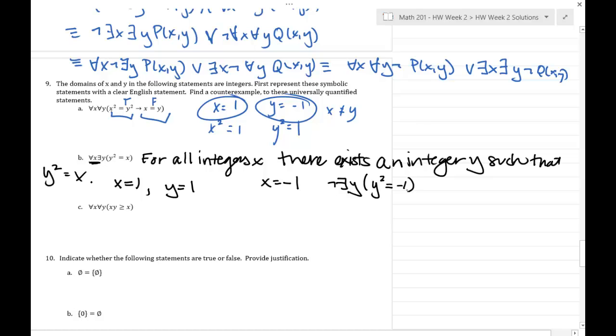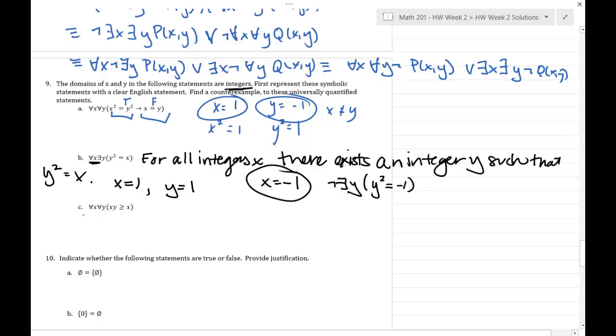Because that's not true, this is a counterexample. -1 is an integer, but no integer squared is going to give us a negative value. If we have complex numbers, then a complex number squared gives us -1, but since our domain is just the integers, x equal to -1 is a counterexample, and this is not a true statement.